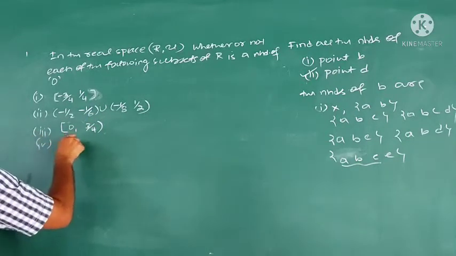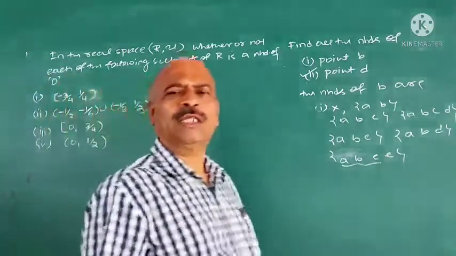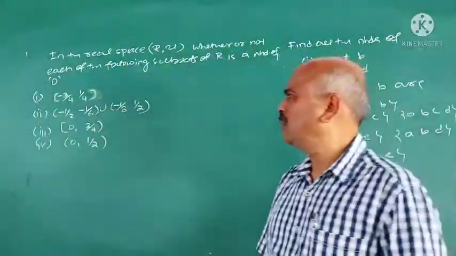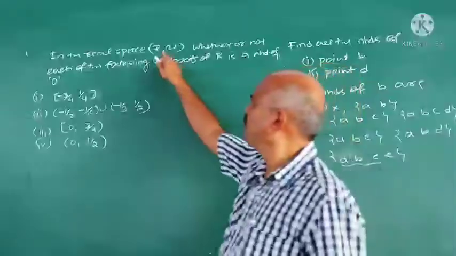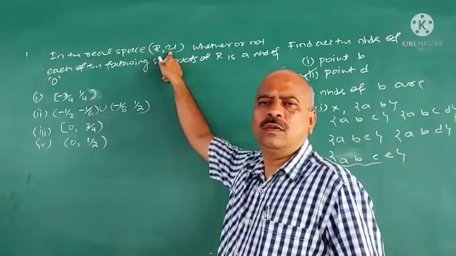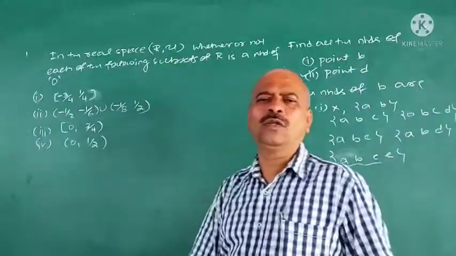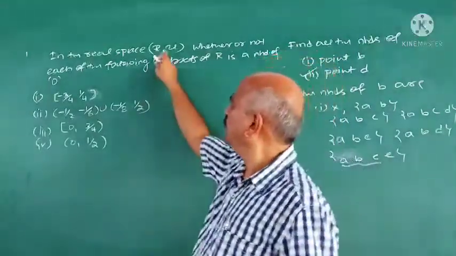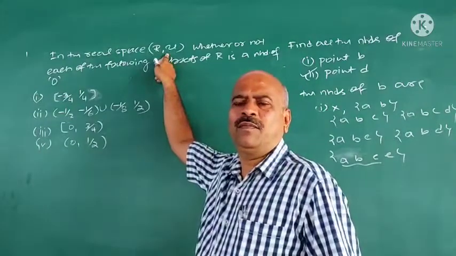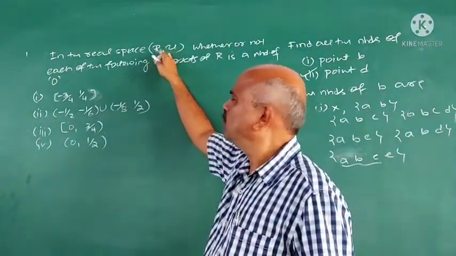Fourth one, 0 to half. The question is whether each of the following is a neighborhood of the point 0 in the usual topology U. You have studied what is the usual topology U. How do you define the usual topology? U is called the usual topology if U is defined like this.